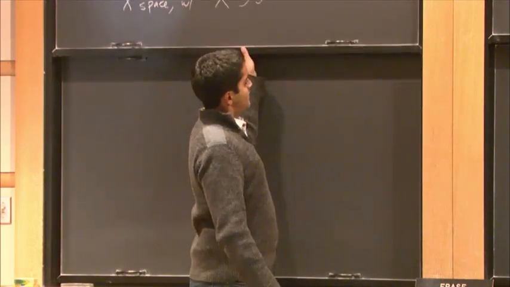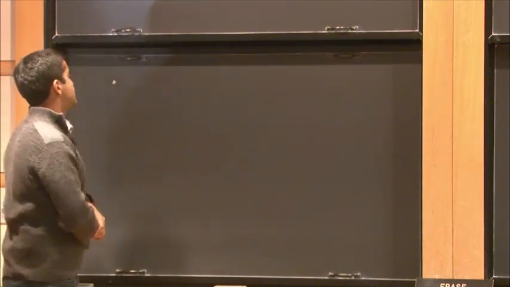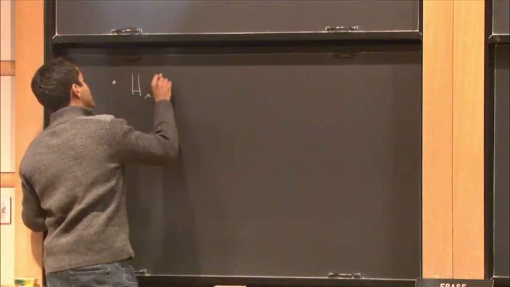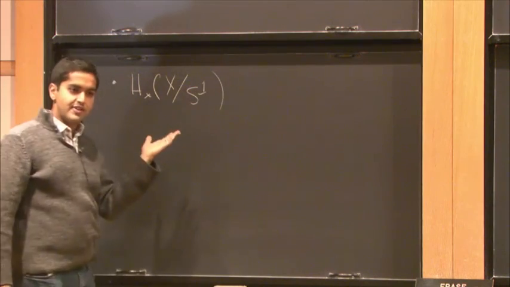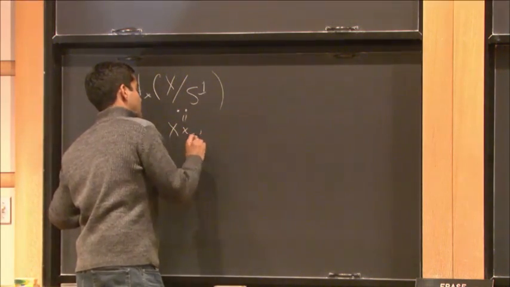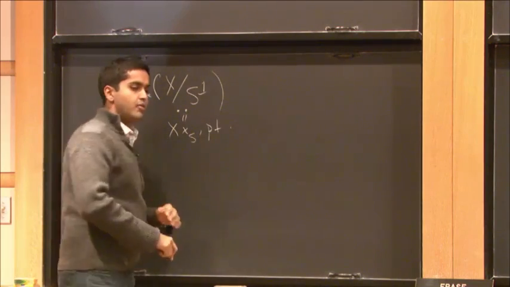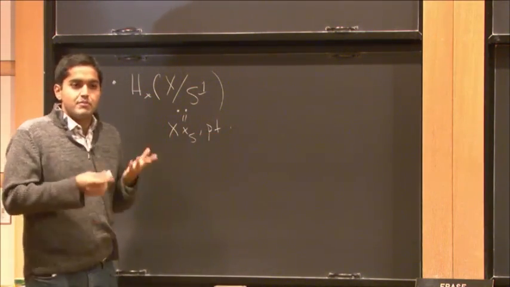Well, it's a very old observation at this point that if you take the quotient by the S1 action, or equivalently the fiber product over S1 with a point, where a point has trivial S1 action, and take its homology, it's sort of a bad invariant.